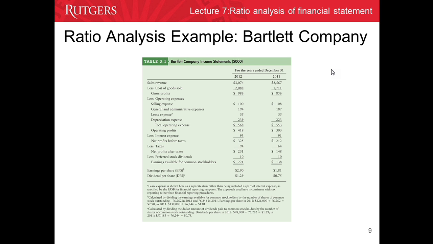Its earnings before interest and taxes, we can find, is also called operating profits. Here it is $418,000. Then we divide it by the interest, which is $94,000.